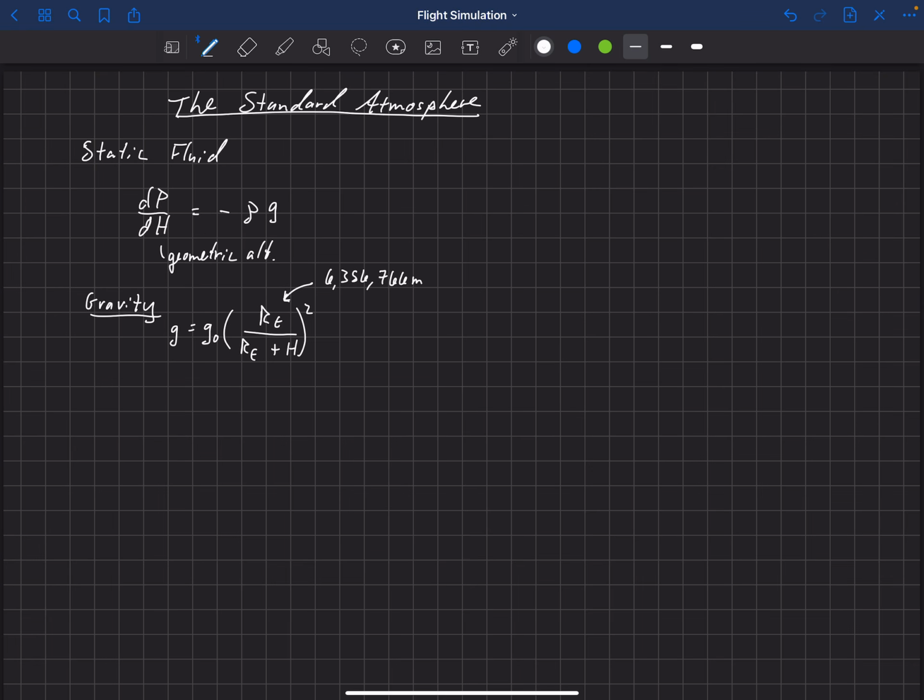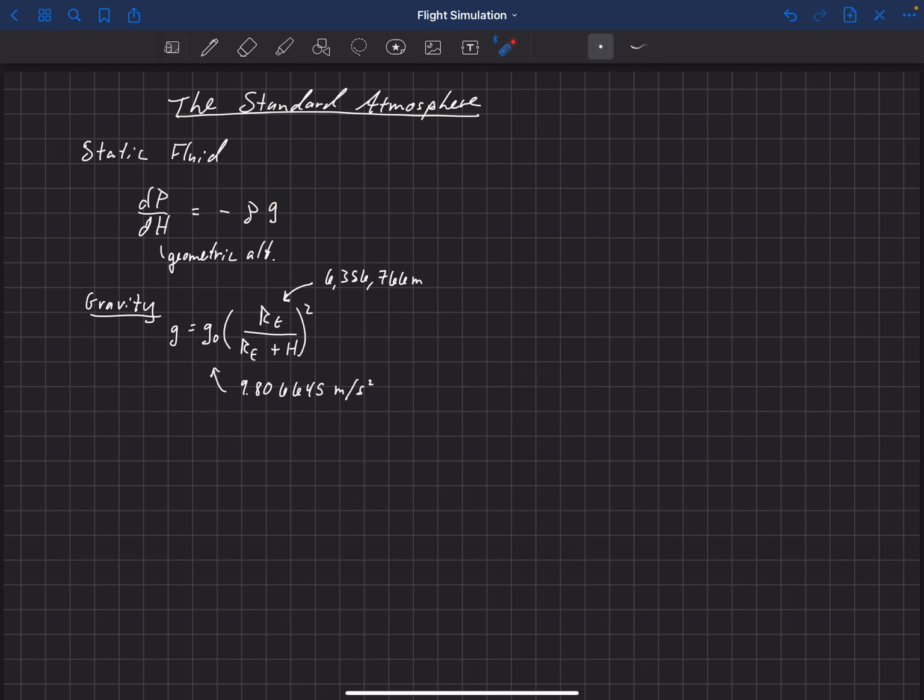Okay, so that's our radius of the Earth that we're going to use there, and then this is the gravitational constant. g naught is going to be 9.806645 meters per second squared. Okay, so that's our gravity model, and we're going to plug that back into this equation here for g eventually.